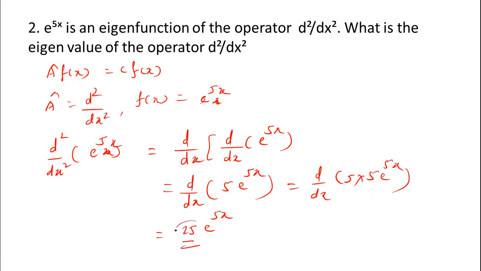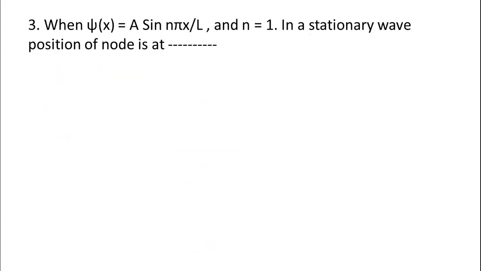So this is the eigenvalue of the operator d square upon dx square. The eigenvalue is equal to 25. In this way we can solve problems based on the eigenvalue and the eigenfunction of the operator.